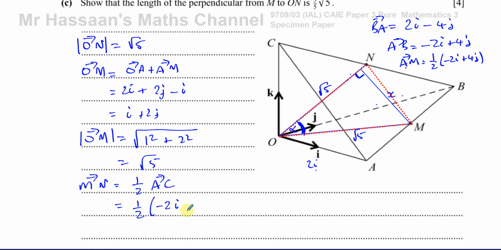So M to N is minus i plus k. So the magnitude of M to N is going to be the square root of 1 squared plus 1 squared, 1 plus 1, which is root 2. So this length from M to N is root 2.